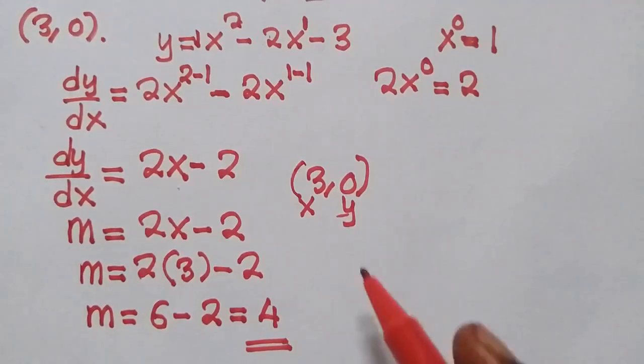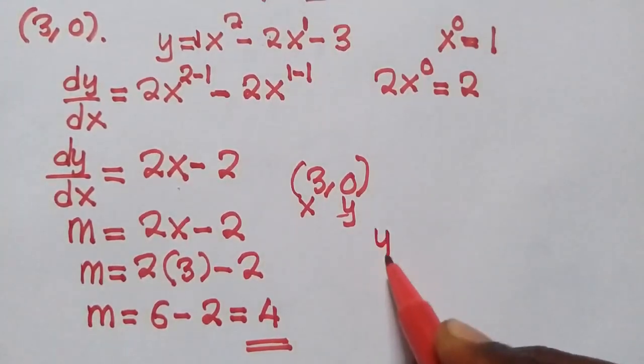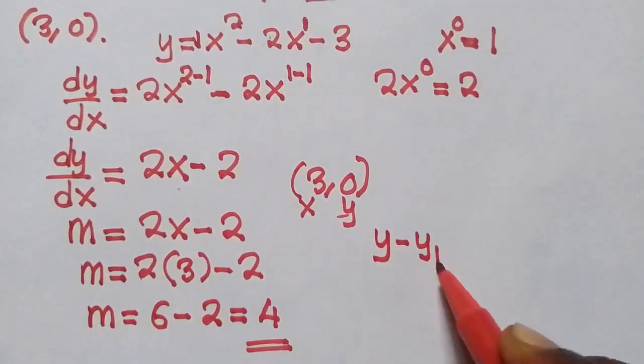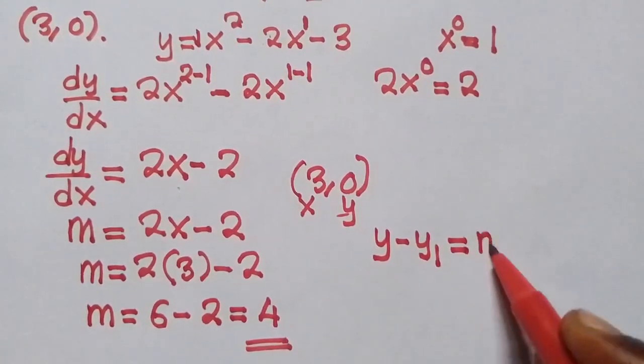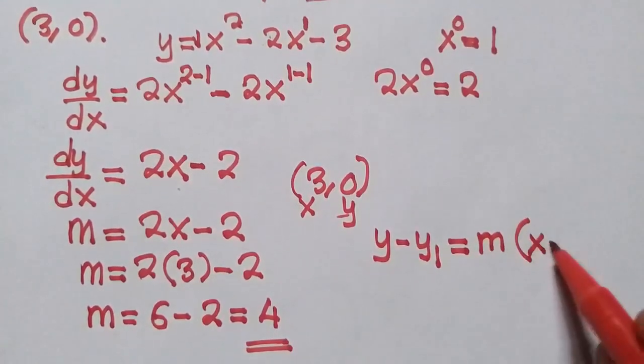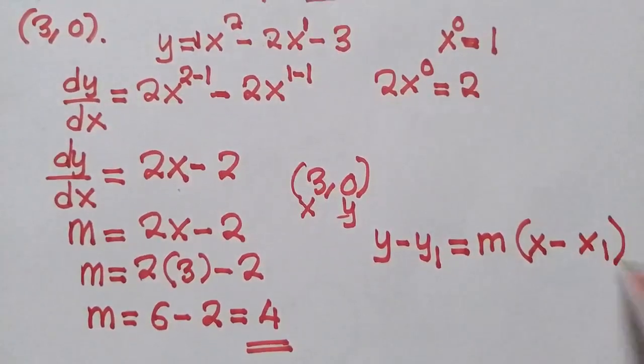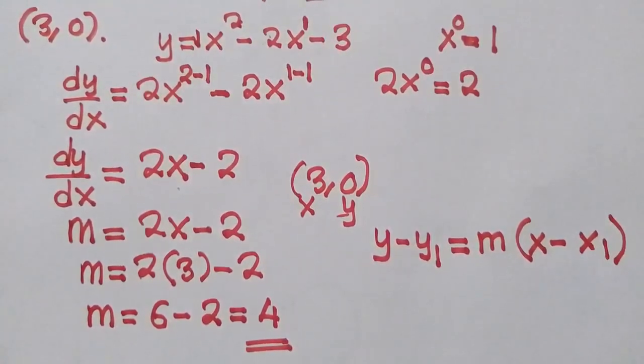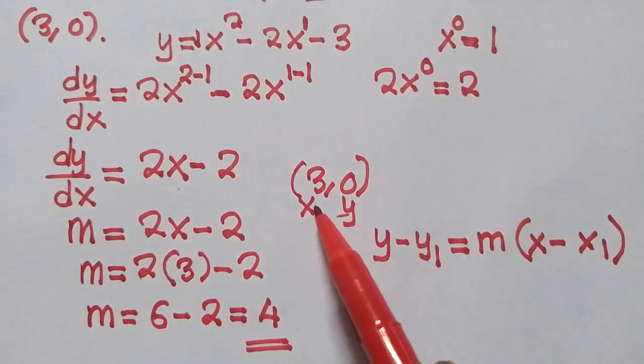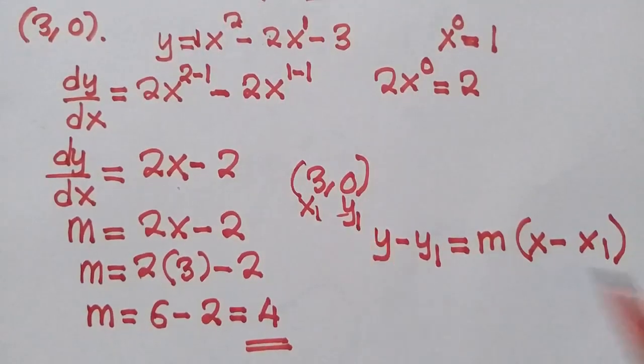You are just going to write this equation, y minus y1, which is equal to m times (x minus x1). This is what you are going to do. Then you are going to replace this data here. This one will become x1. This is y1.